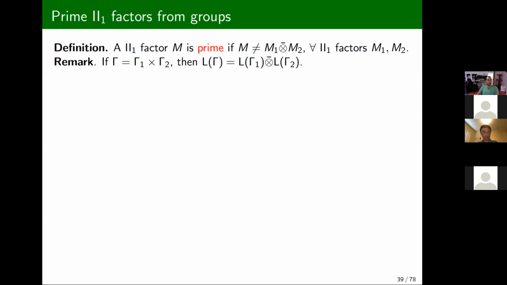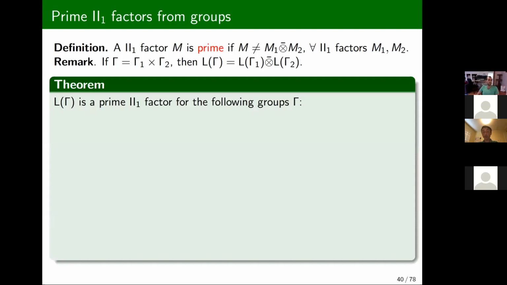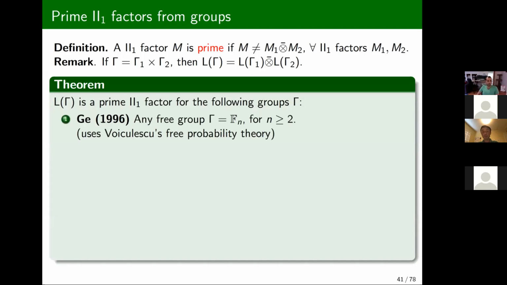So there are now quite a few classes of groups for which L of gamma has been shown to be prime. So let me mention a few of those. L of gamma is a prime II_1 factor for the following groups gamma. In 96, Ge proved that L of gamma is prime if gamma is a free group on at least 2 generators, and this uses Voiculescu's free probability theory.